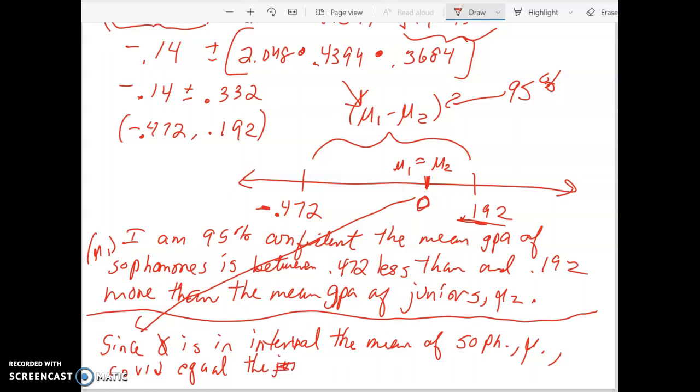Sorry for the messiness, it's hard to write on the bottom, or mu2. So since 0 is in the interval, the mean of sophomores, mu1, could equal the mean of juniors, mu2. So our confidence interval agrees with the hypothesis test that we just did. And that's that.